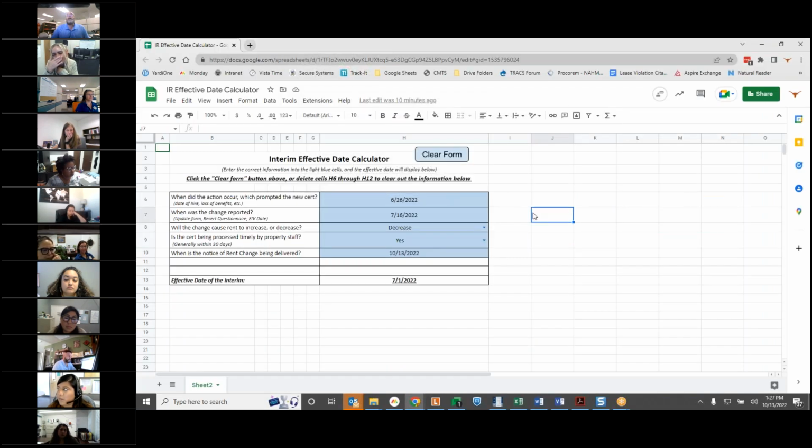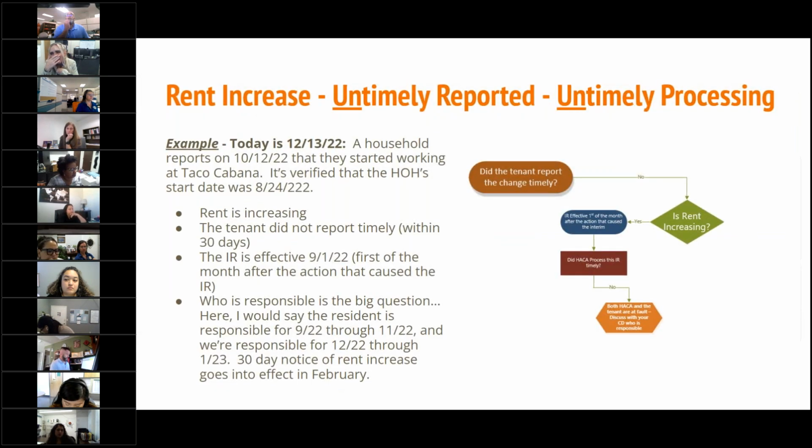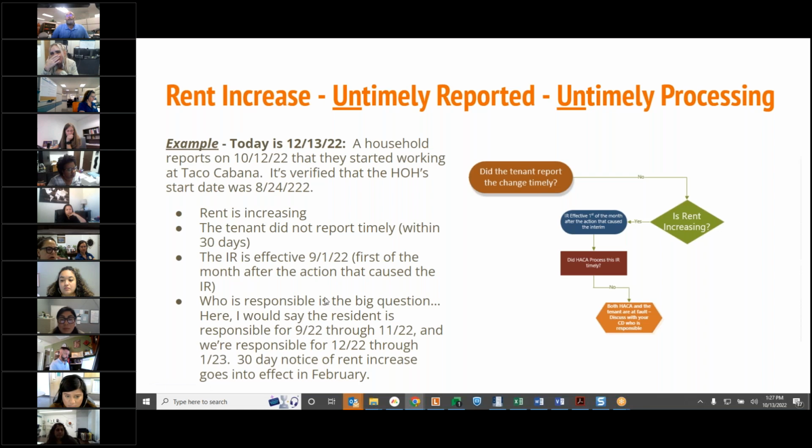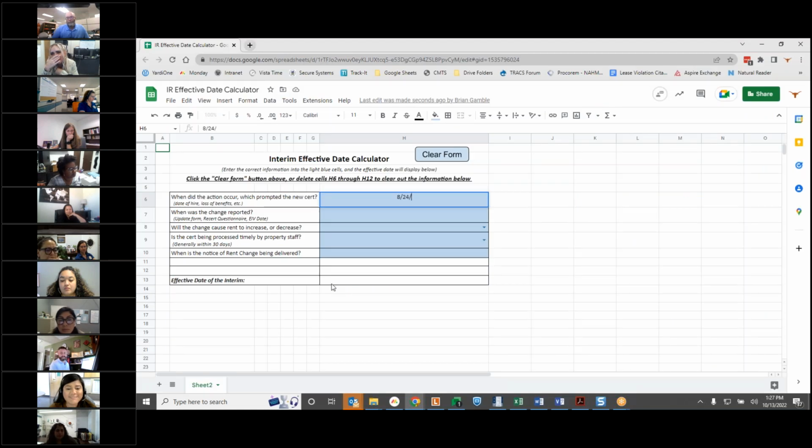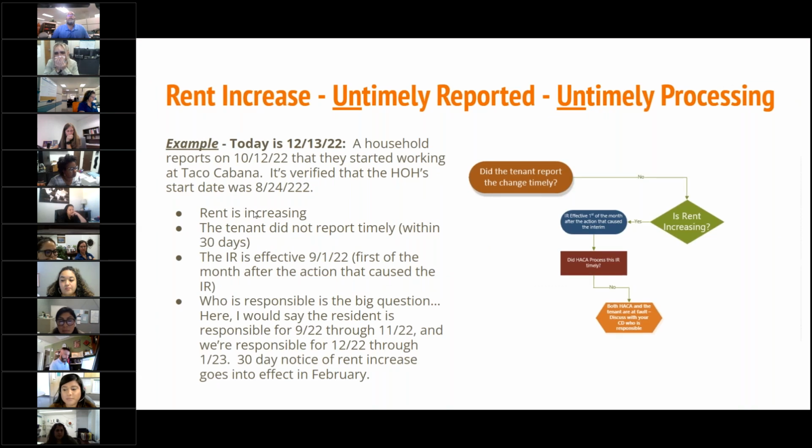Let's plug this into the calculator just so you can see what it looks like. Y'all help me fill it out again. When did the action occur? That's right, everyone. August 24th. When was it reported? 10/12.